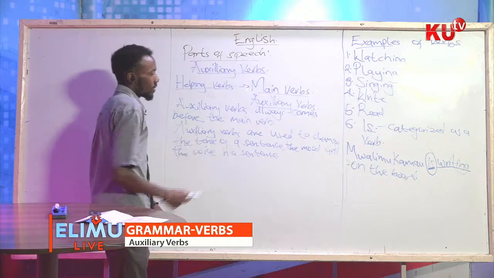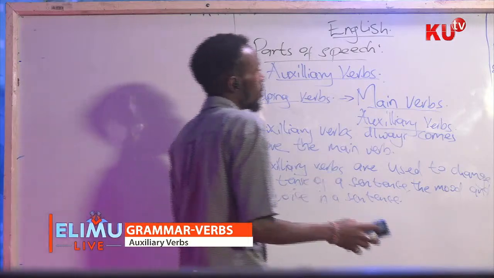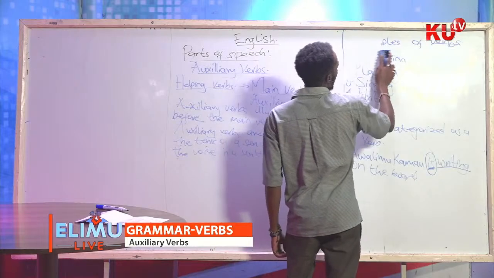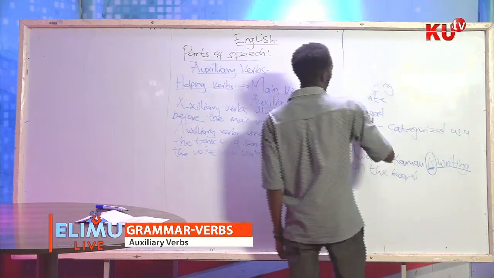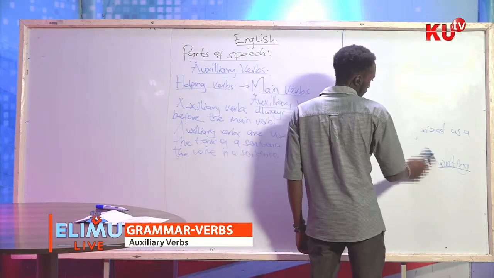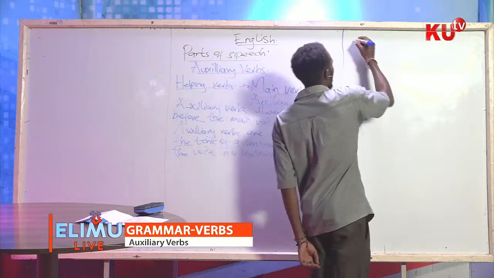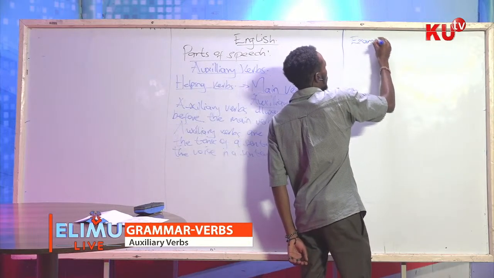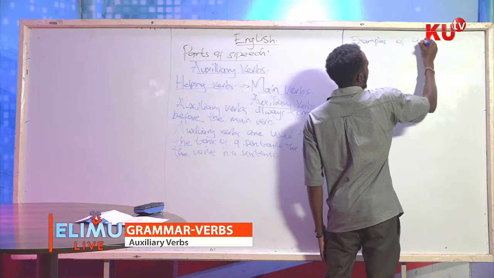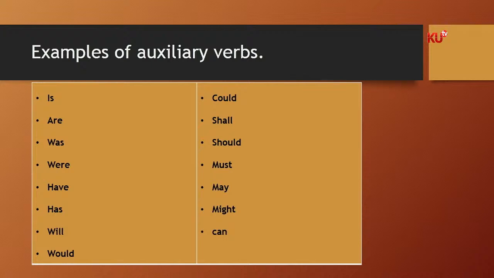So I want us to look at examples of auxiliary verbs. Some of them are the forms of be.